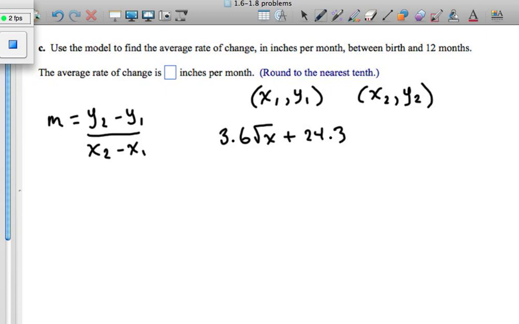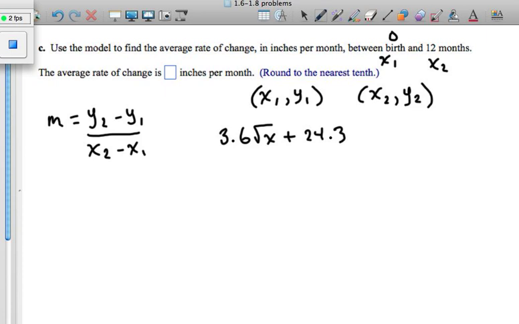Now, they actually give us two x's. It says between birth and 12 months. This 12 months is going to serve as x2. Birth, which is 0 months, so 0 is going to serve as my x1. So I have x1 and x2. What I now need are y1 and y2.